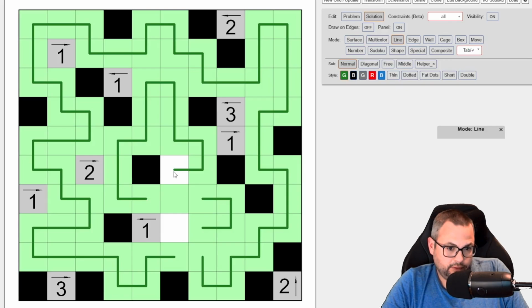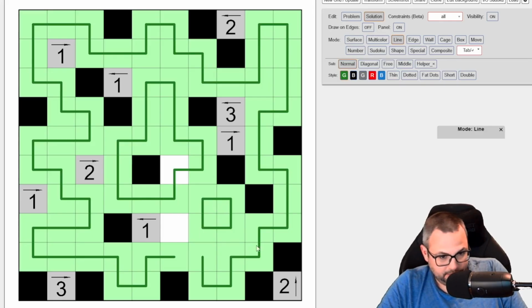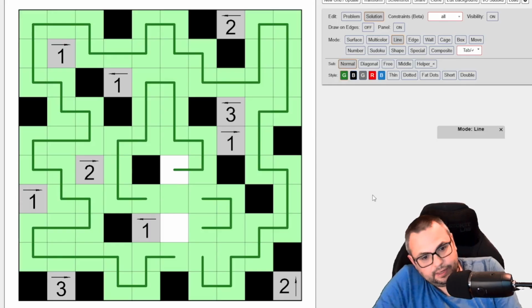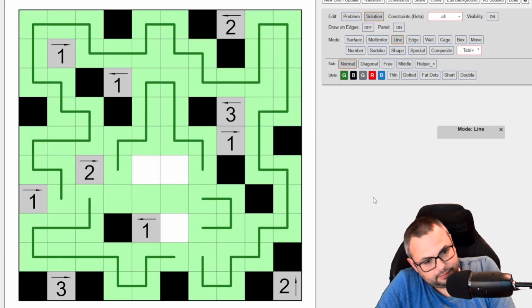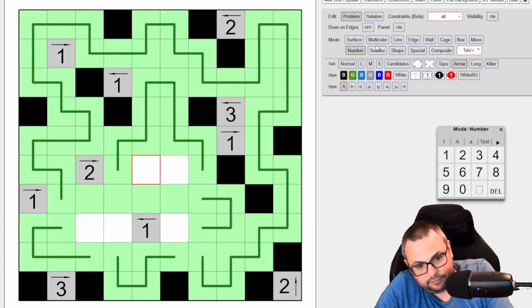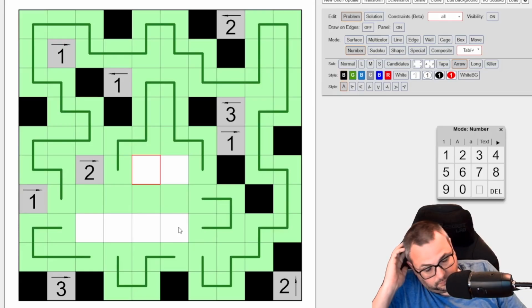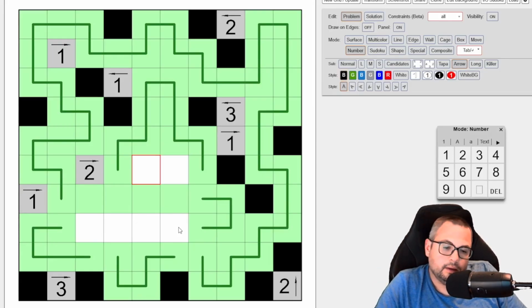Which forces... Nope, that forces a mini loop. And another mini loop. And another shaded cell. That's unfortunate. Okay, what if instead... Yeah, we just can't even put a clue here.